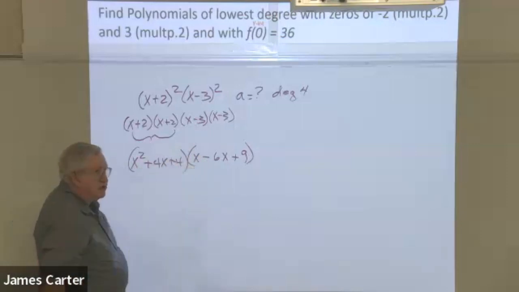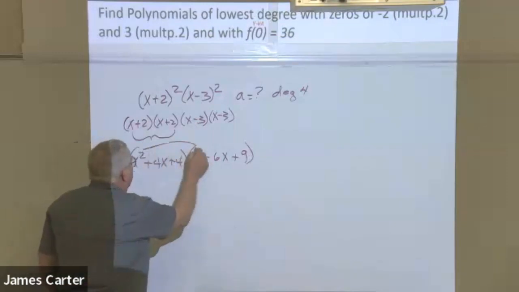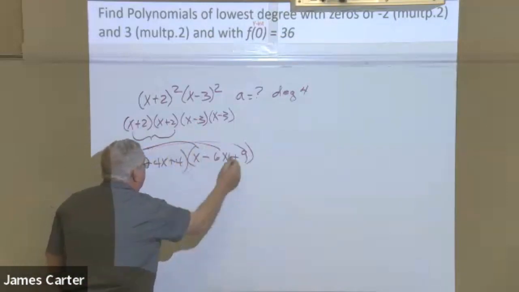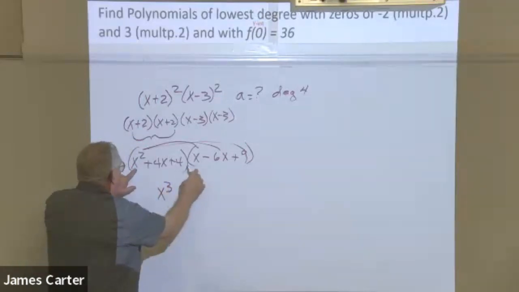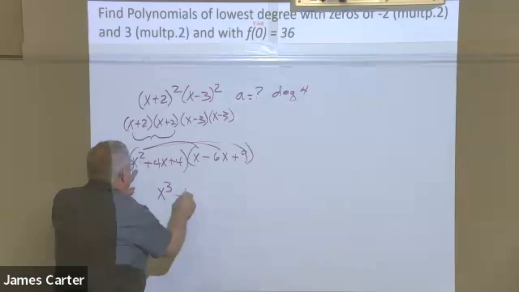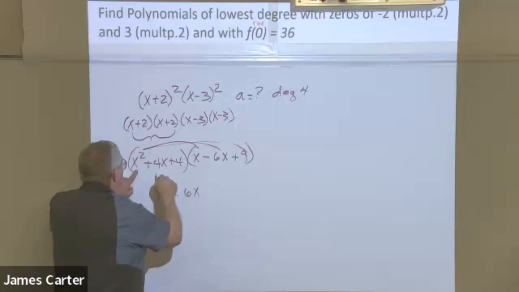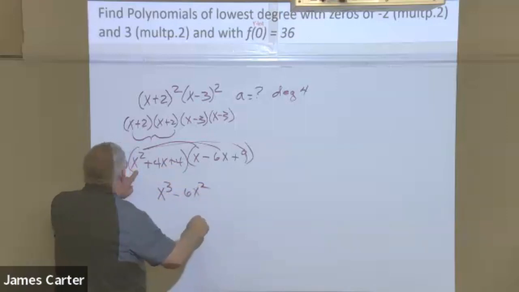Now I've got to distribute this. I've got to do a 3-way distribution. So I'm going to take this here, here, and here, which gives me x cubed minus 6x squared.